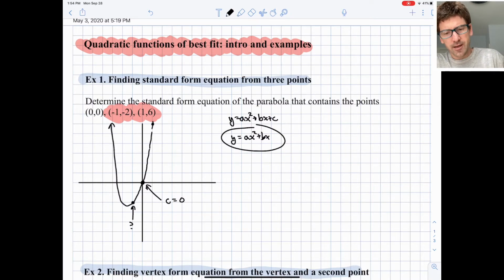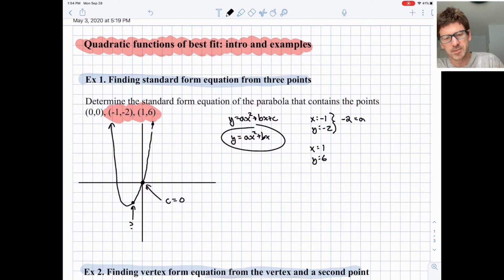So we have a couple options here. We have an x of -1 and a y of -2. And then separately, we have an x of 1 and a y of 6. So let's write out our standard form equations for those values. Using the first ordered pair, -2 equals a times x squared, which is -1 squared, plus b times x.